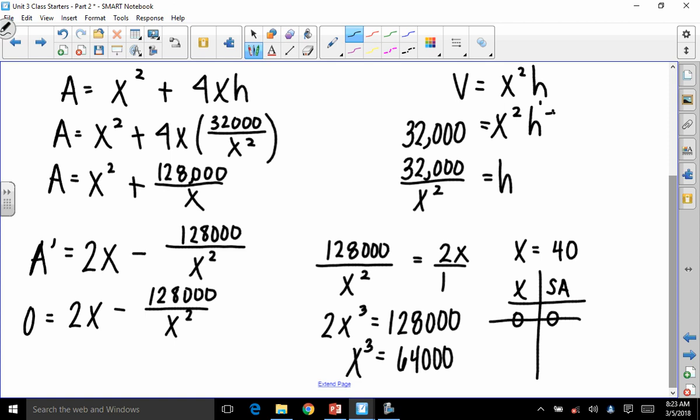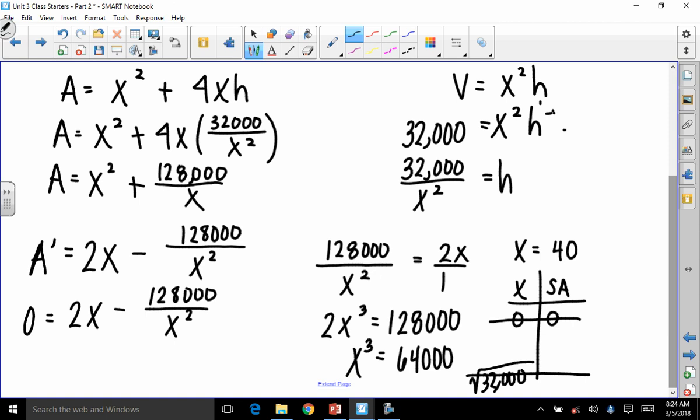How would you solve this for x? Take the square root. So what's the quote-unquote biggest that x could be? The square root of 32,000, right? But then is there any material left for the height? So do I have a box at all? No, right? So, that's not really going to make any sense either. So I'm just going to put a line through it because it doesn't really matter. Okay?